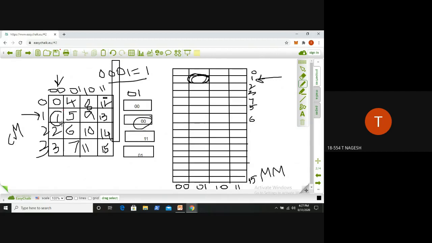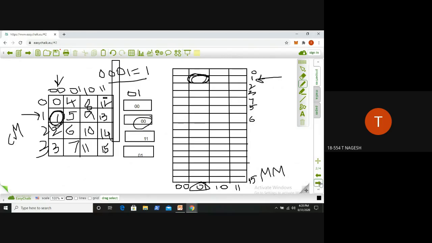That means the block number which is active here is block number 1, and the block offset is 01. That means this entire block number 1 will get loaded onto this cache line, and from that cache line, based on the block offset, it will give the data. It will provide the data for the processor.